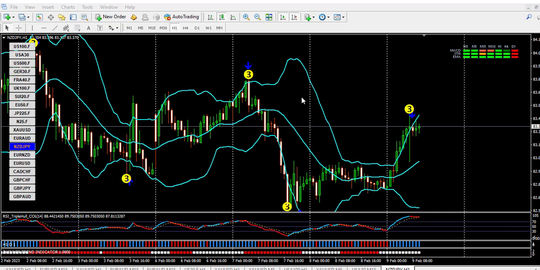Number one thing you have to look out for is to see if the candle is at the upper or at the lower band. And at this point we have the candle at the upper band of the Bollinger Band. Number two thing you should look out for is this semaphore indicator. It will give us an idea where the market is likely to turn.